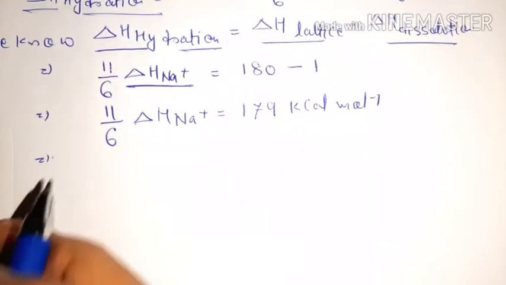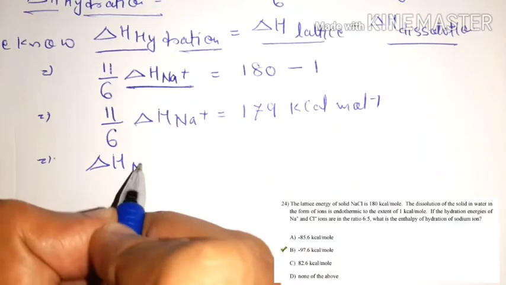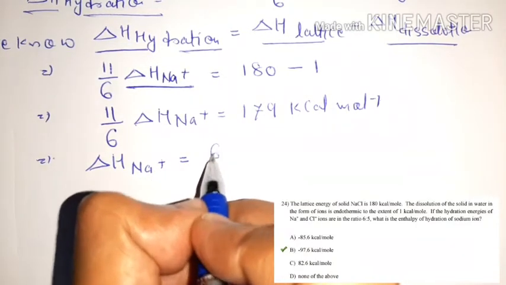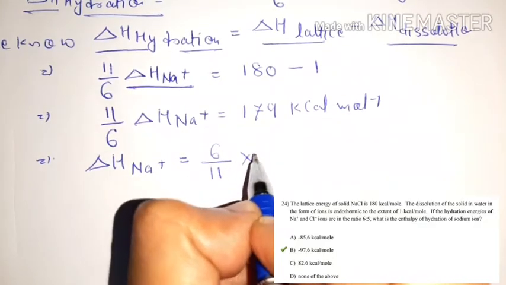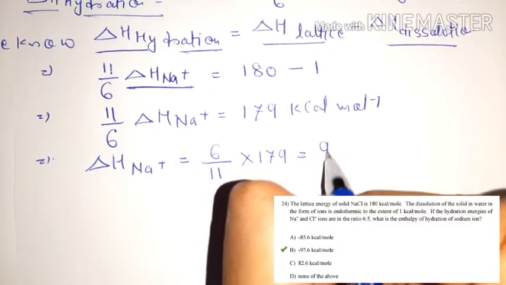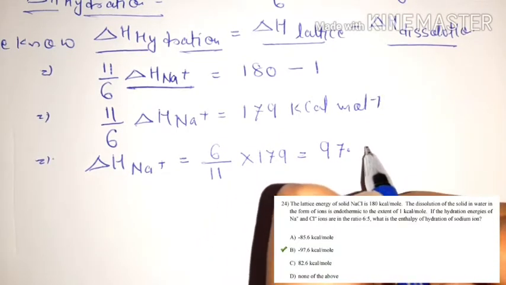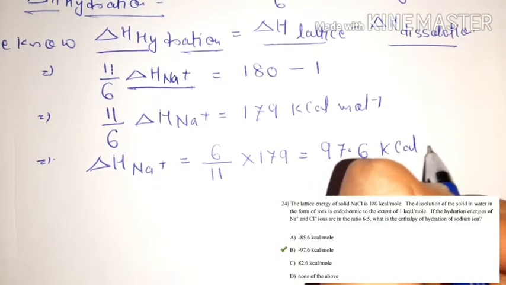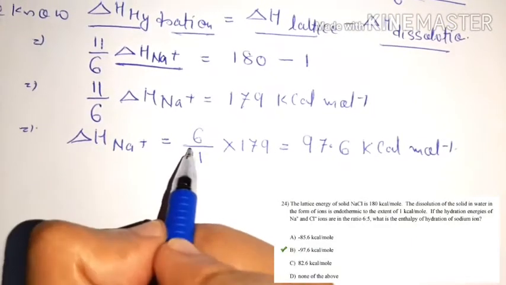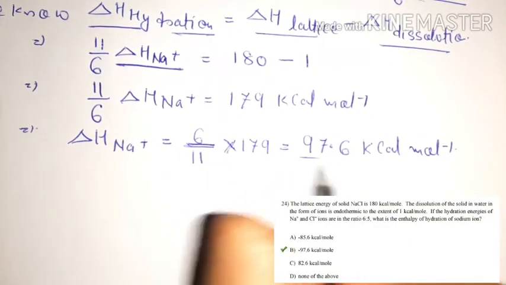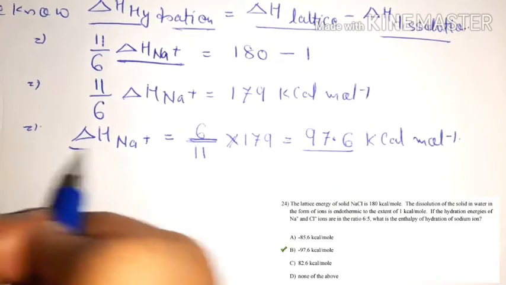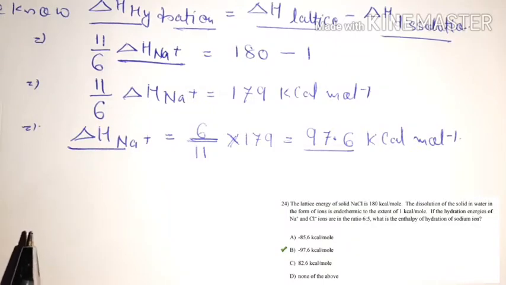Ultimately we have the value of delta H Na plus, that is the enthalpy of sodium plus ion, is 6 by 11 into 179, which is equal to 97.6 kilocalorie per mole. When you solve this whole calculation, you get 97.6 kilocalorie per mole. So this is the enthalpy of hydration of sodium plus ion.